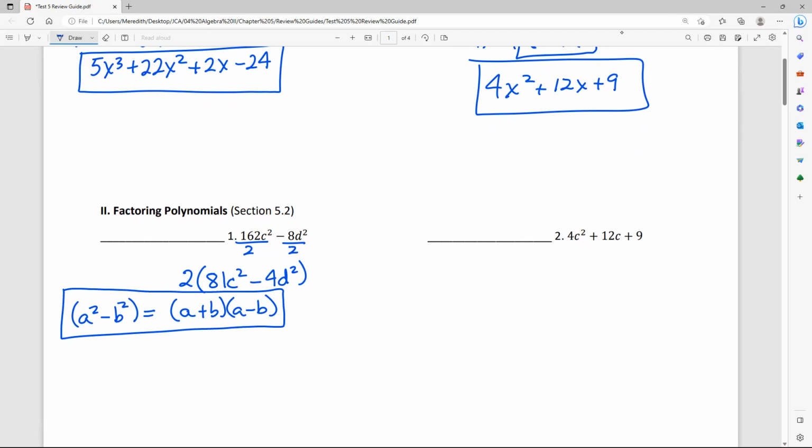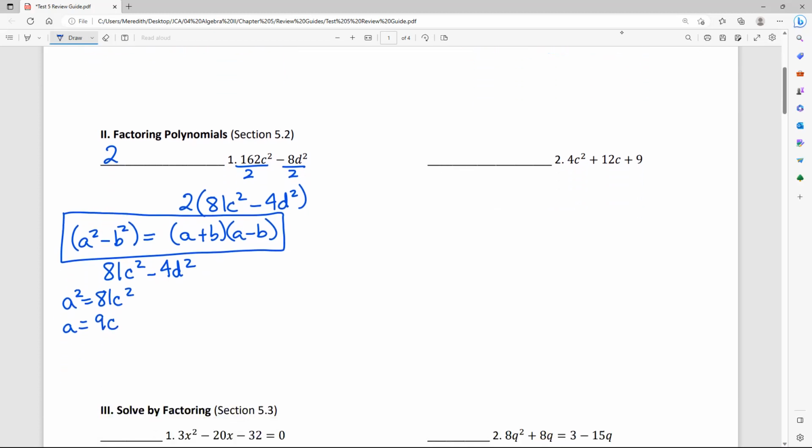The 2 is going to stay there. But let's just define our parts here. So going back to our original, 81c squared minus 4d squared. So a squared is 81c squared. That means that a is 9c. B squared was that 4d squared, and so b is 2d.